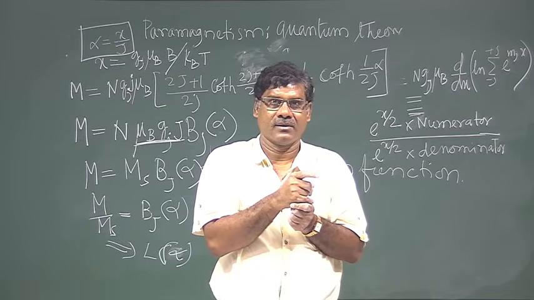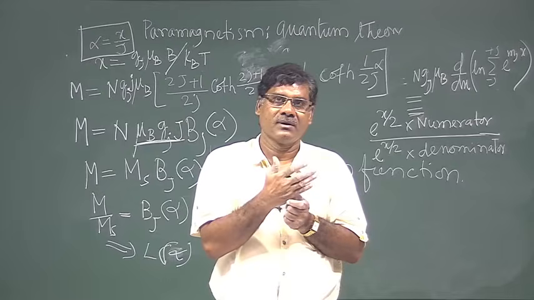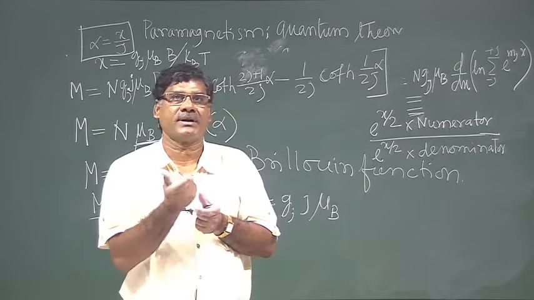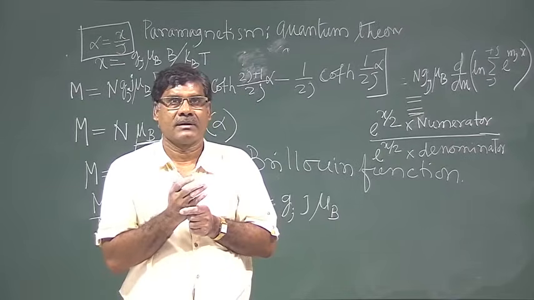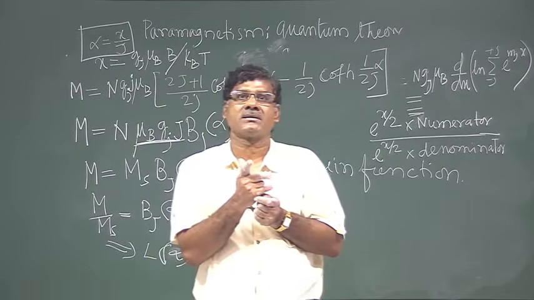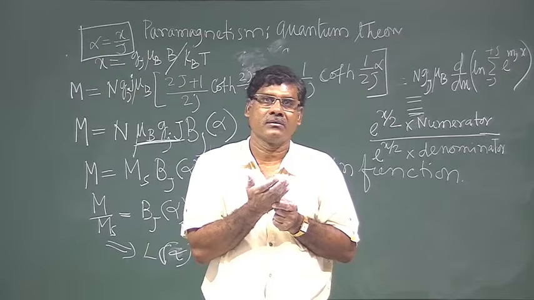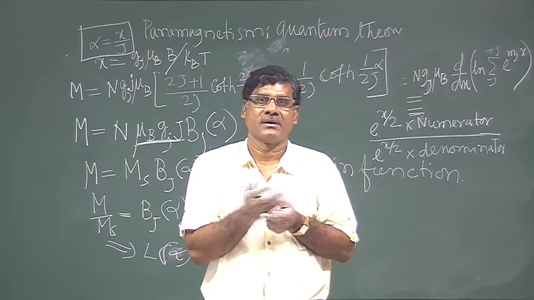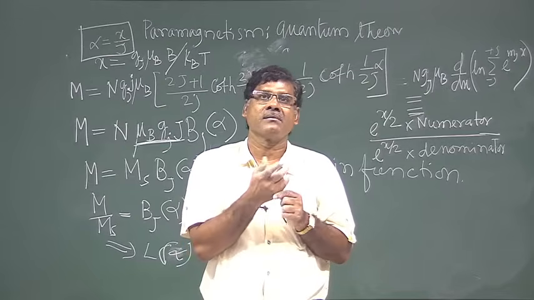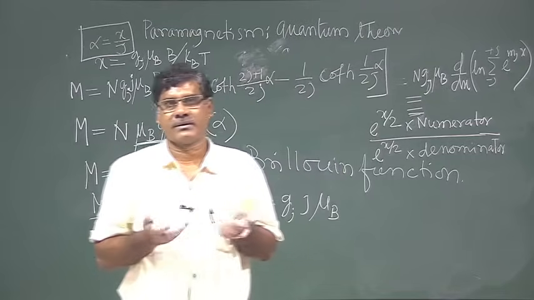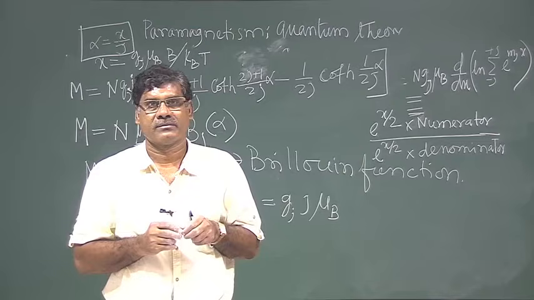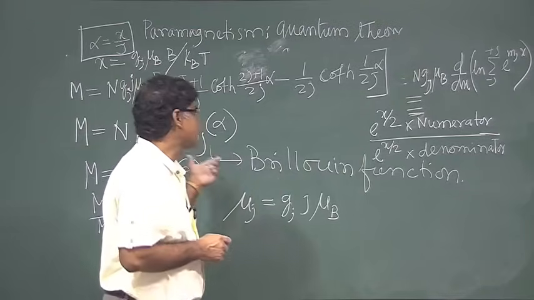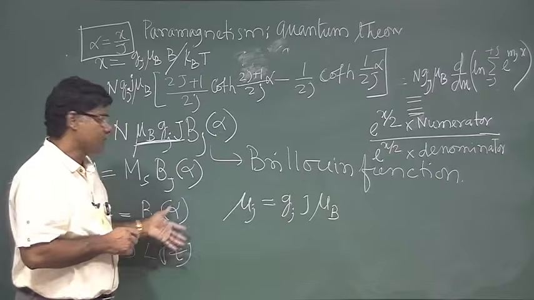So, that means if the j value is smaller, it is more restricted, right. Now if you take j tends to infinity, then what will happen? J tends to infinity means mj values tend to infinity, 2j plus 1 tends to infinity. So, then it is equivalent to the free rotation, as in the case of classical theory we considered.